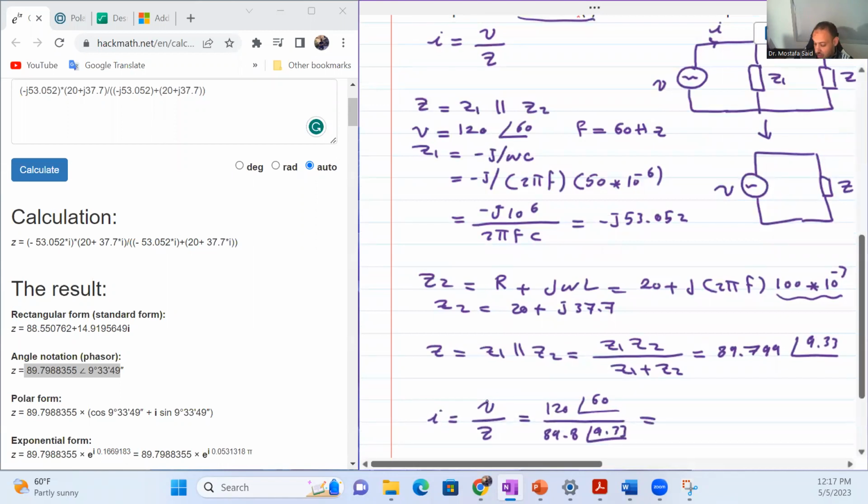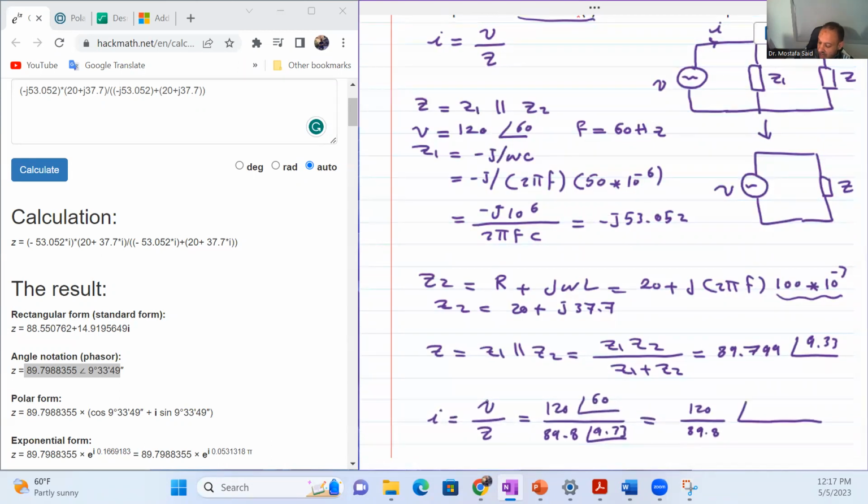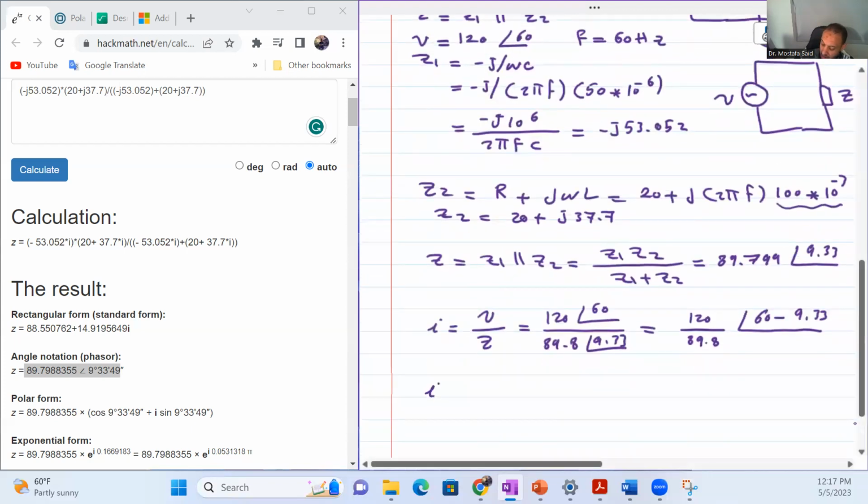And as we learned, when you divide two complex numbers, you just divide the amplitudes. So 120 over 89.8, and the angle will be the subtraction of the angles. So 60 minus 9.33. So I is equal to, let's do this in Desmos.